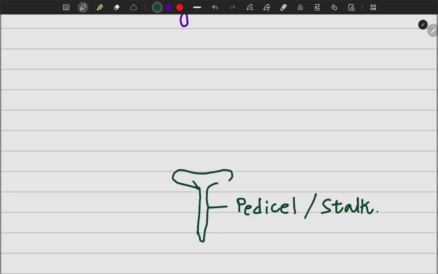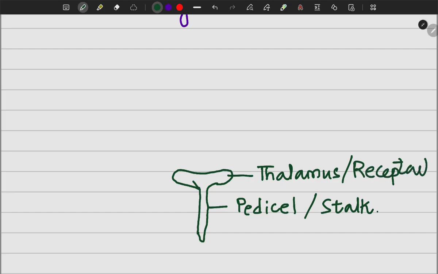This is a swollen portion which is called thalamus or receptacle.